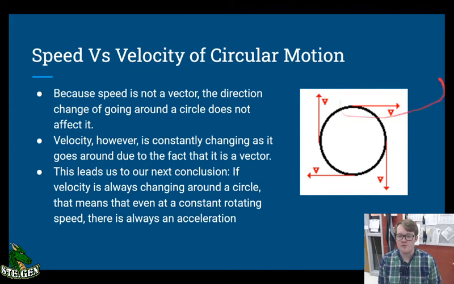You can prove this by watching any video footage or camera footage of people spinning an object on a string, which we'll try to do in class, but it's a little hard to see. When you let go, the object doesn't go straight out. If I'm swinging and I let go of it whenever it's going around the circle and it's right here, it's not going to go straight off into the distance. It's going to continue the path that it was going. It's going to continue on a tangential velocity.